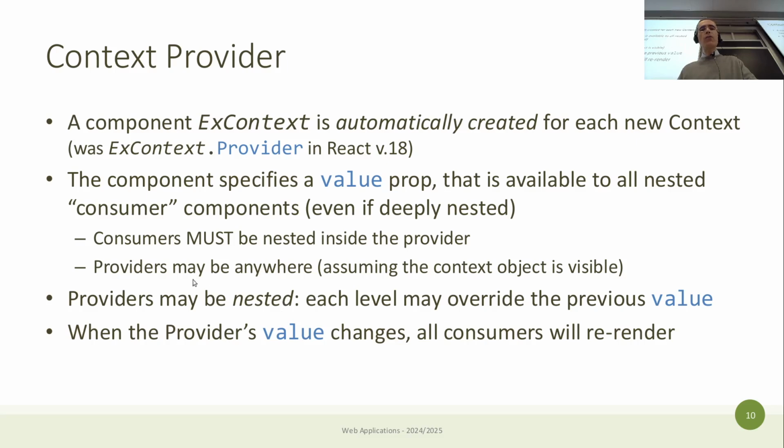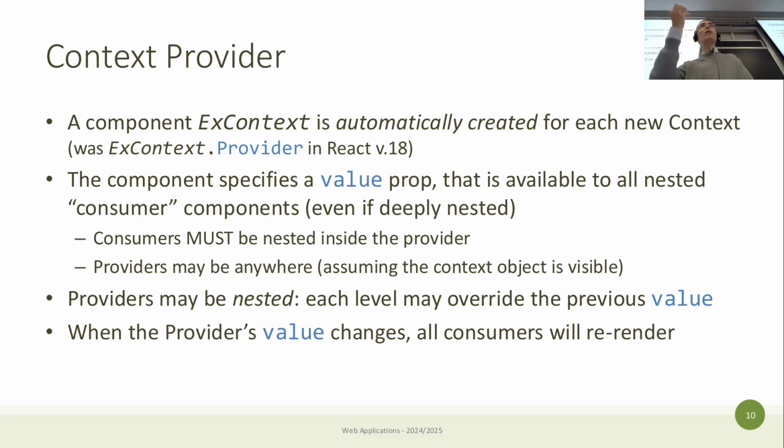Of course they can be nested and so on, but we don't care too much about these very peculiar and complex situations. The point is that the value works like props. If the value changes, React is in charge of recreating and re-rendering all the components that use the value of the context that has changed.